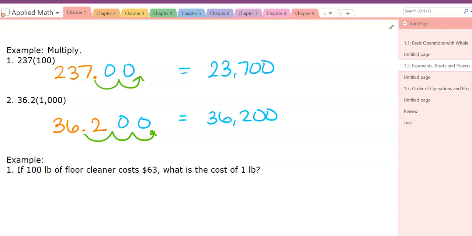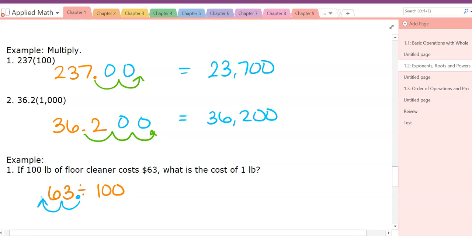So to find the amount per pound, we're going to take that $63 and divide by 100. Since we're dividing, the decimal is next to the 3, and we want to move that decimal to the left 2 spaces. So this answer is going to be 63 cents per pound.